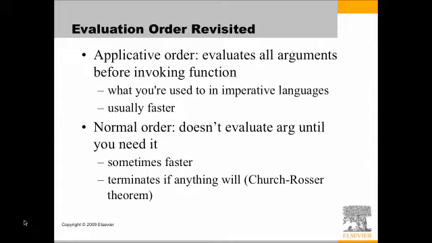So in the introduction, I used the words eager evaluation and lazy evaluation. The book uses the terms applicative order for eager evaluation and normal order for lazy evaluation. Applicative order is what is used in most imperative languages. They evaluate all the arguments before invoking a function.